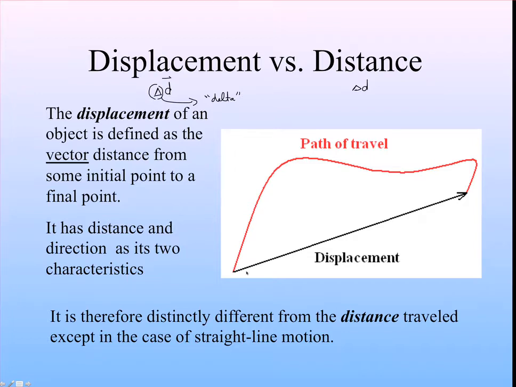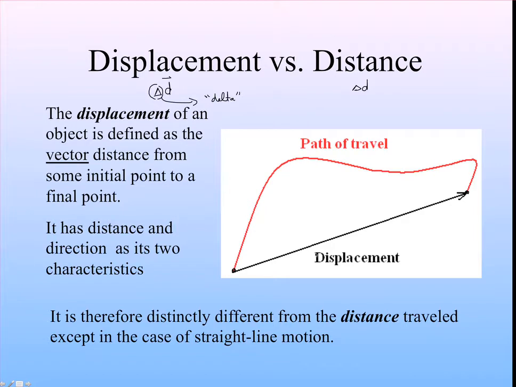Now, when you're looking at distance versus displacement, if you were to take a path following this red line, starting here and ending here, your distance, the distance you have traveled, would just be the length of this line.